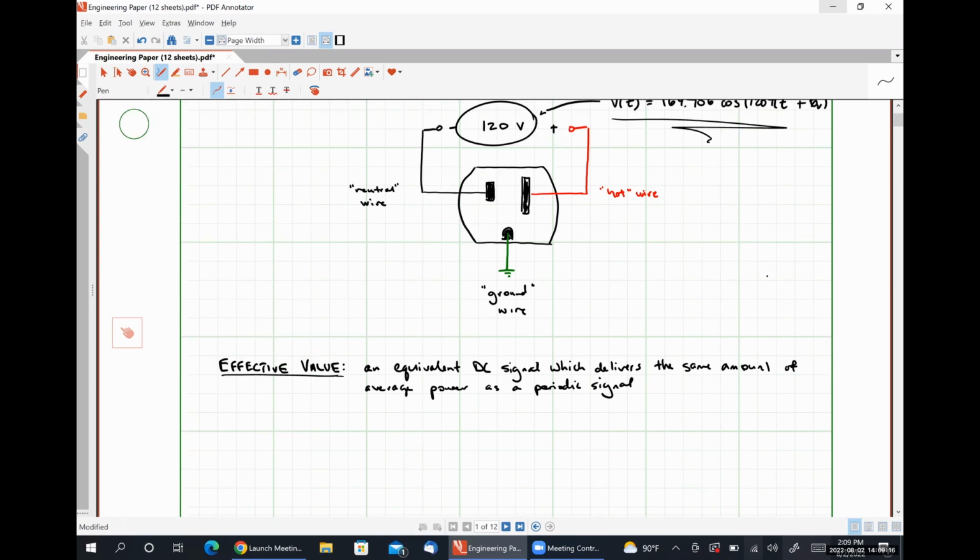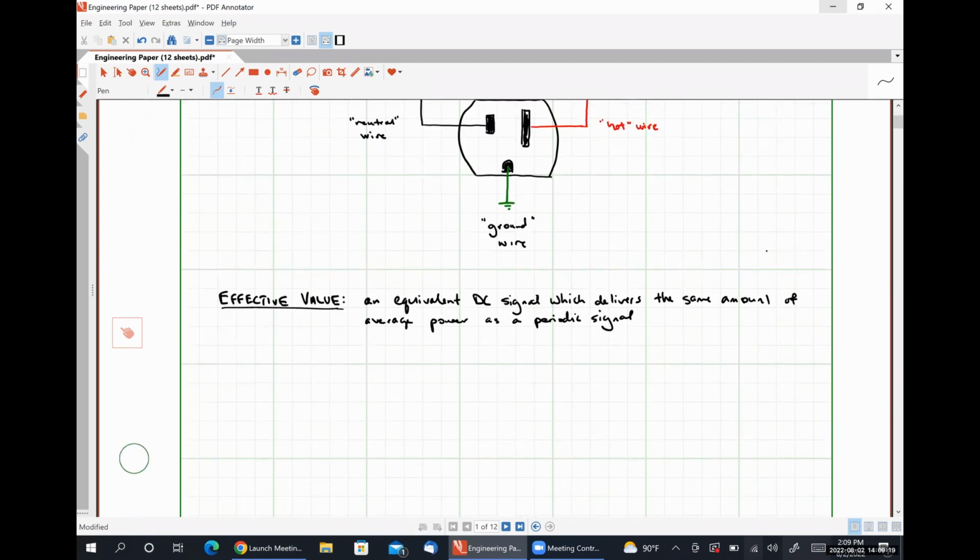So if we had a resistor, the average power delivered to a resistor in a DC circuit is simply the DC voltage drop across the resistor squared divided by the resistor value.